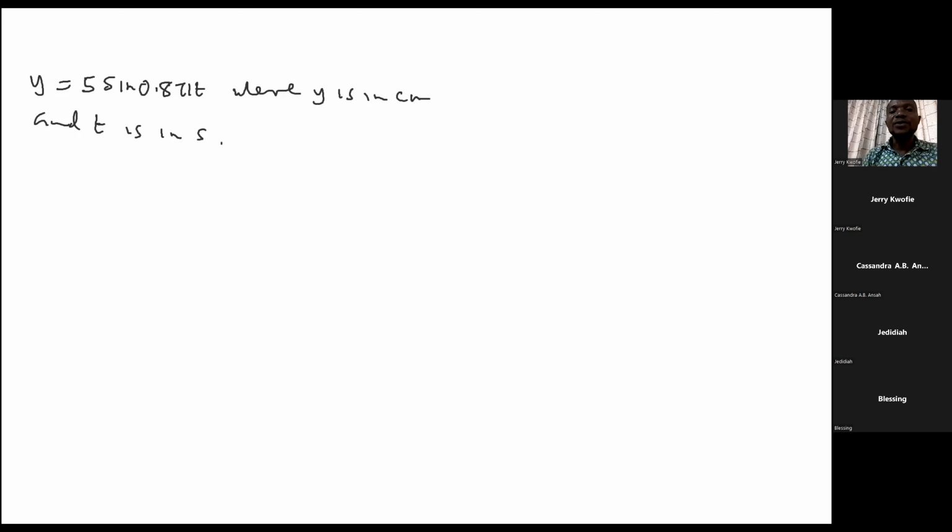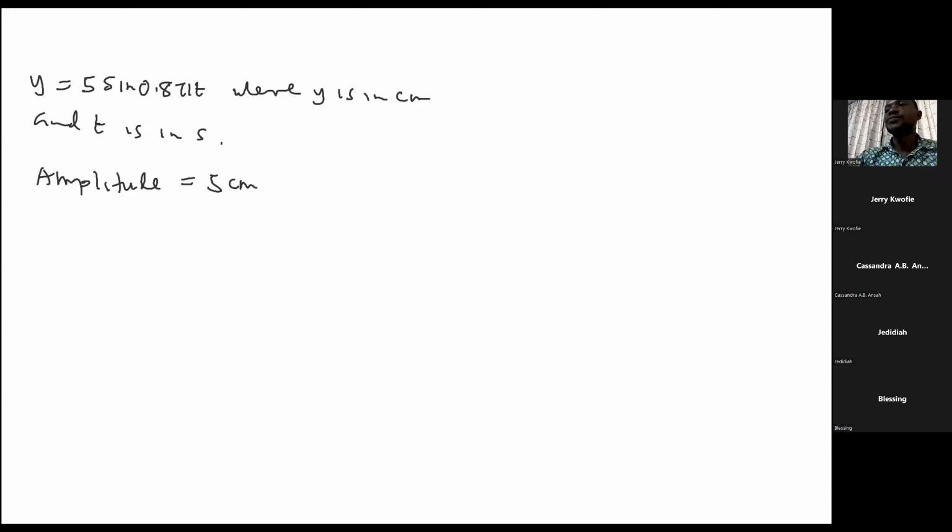All right, so to the two of you, what is the amplitude? Yes, Cassandra and Jedediah, what is the amplitude? The amplitude is 5 centimeters. Okay.